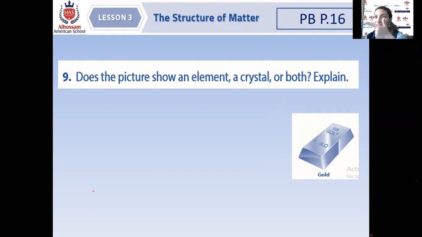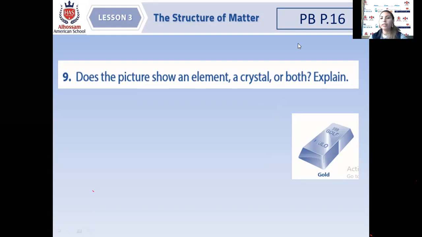Explain. We have to know the difference between element and crystal. What's the difference between them? Omar, what was the answer? It's both, miss.